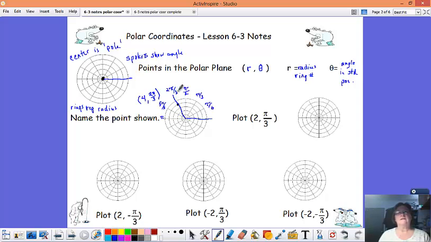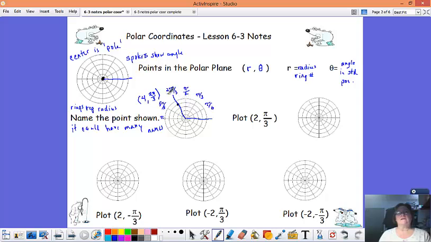One thing that you might be interested in knowing, since our trigonometric functions are periodic, one point can have many names. That might be a surprise to you, but it could have many names. And I'm going to ask you to list a couple of them here, and we'll explain as we go where those names come from.